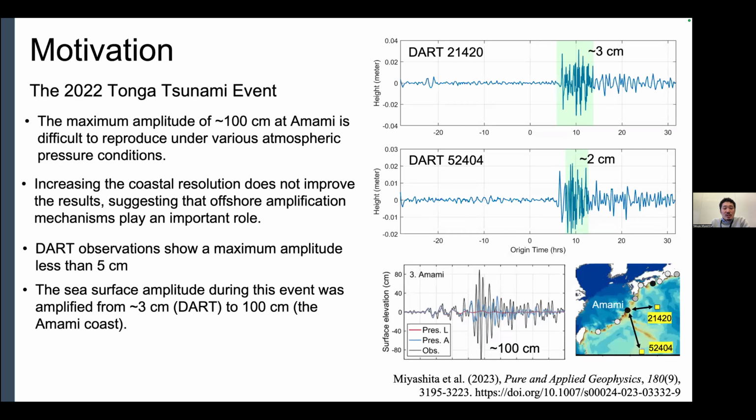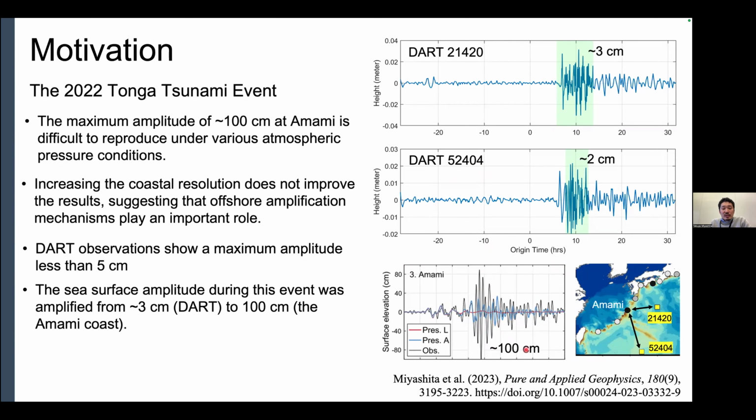Before going into the details of the implementation, let me explain the motivation behind this work. The 2022 Tonga meteotsunami was a very intriguing event at Amami in the Ryukyu Islands in southwestern Japan. A maximum tsunami amplitude of about 1 meter was observed, like here.